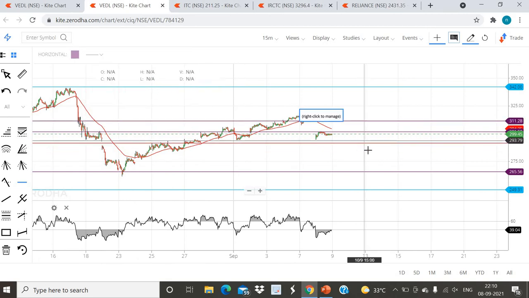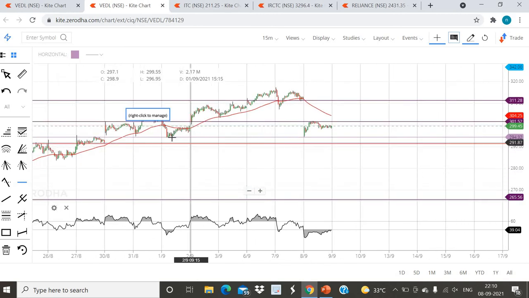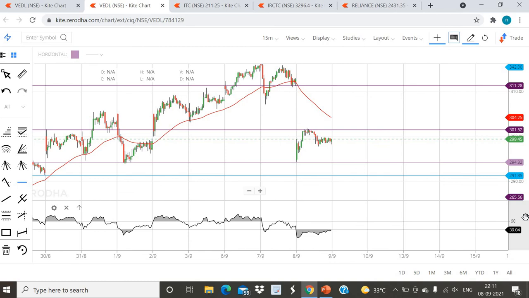Here there's a level. You can see this was a level. These are some of the important levels that we have marked on the Vedanta Limited.